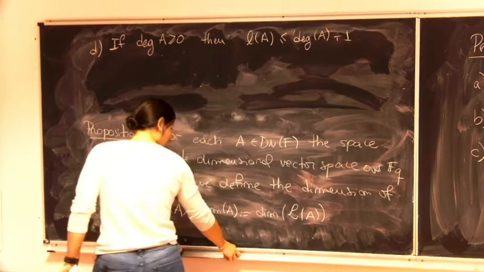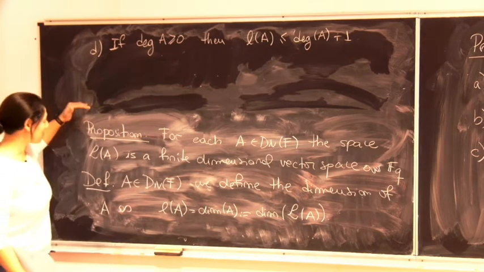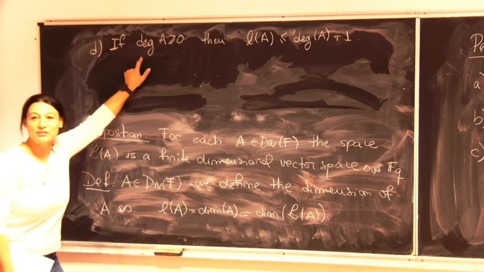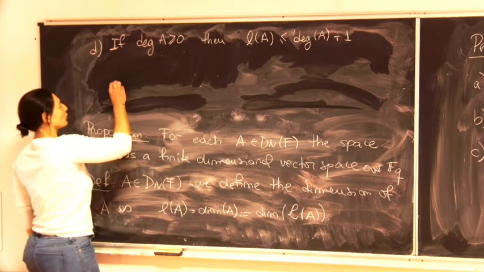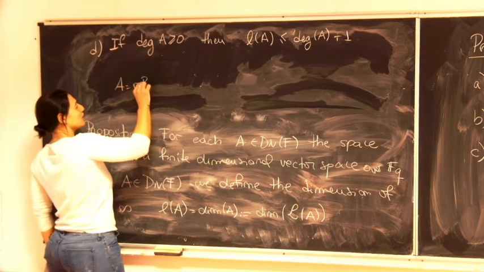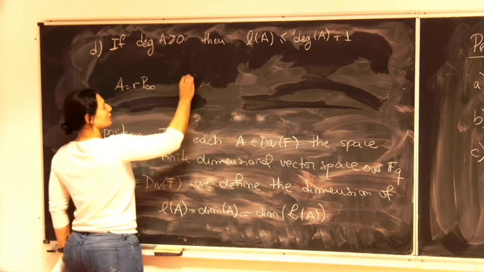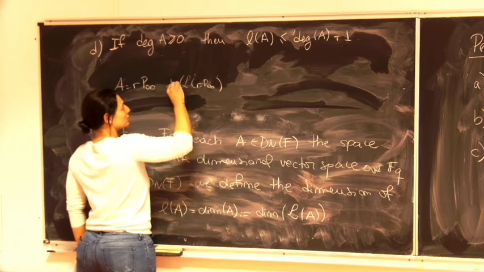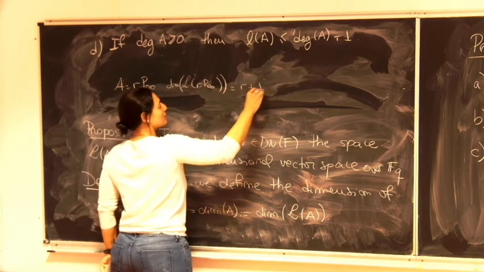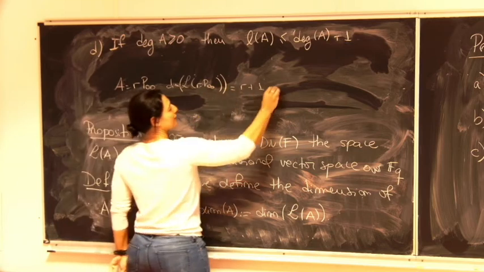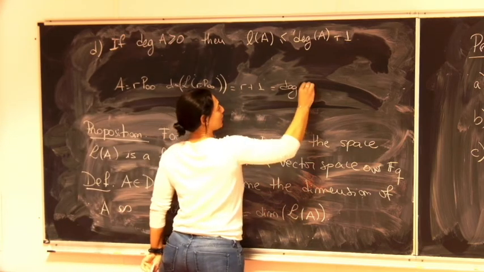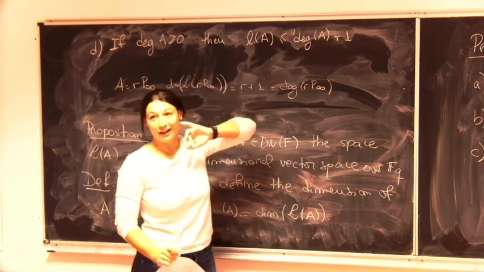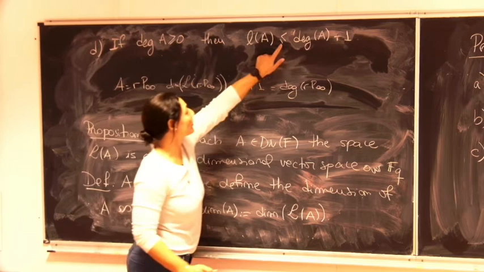And if you came back to the example that we did for the P infinity, what we got was that A was R P infinity, and we saw that L of R P infinity had dimension R plus 1, and R is exactly the degree of R P infinity. So this bound is actually sharp. It can be reached for some cases.